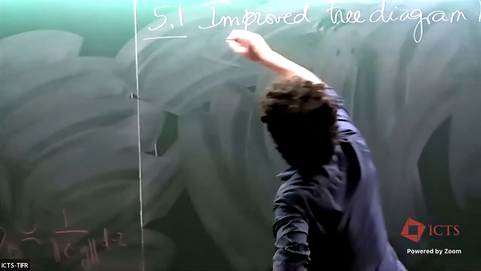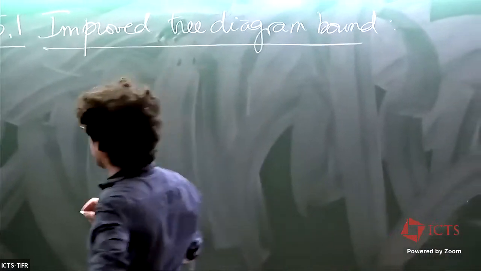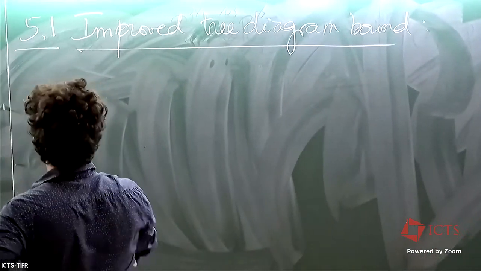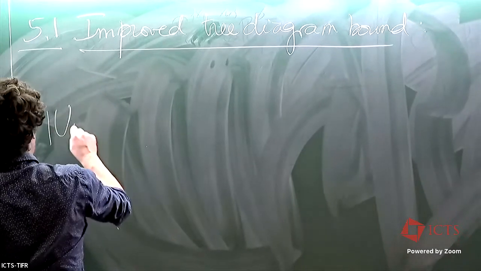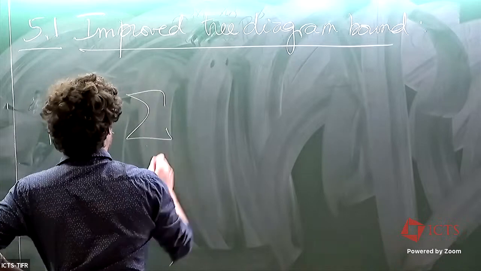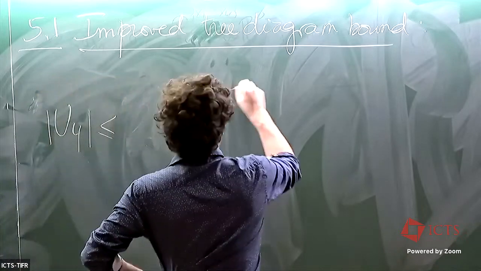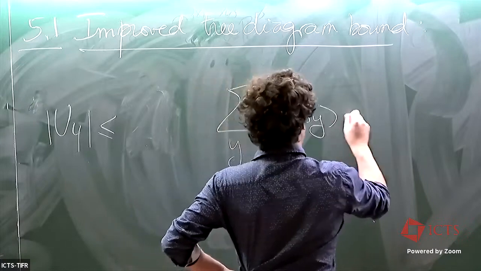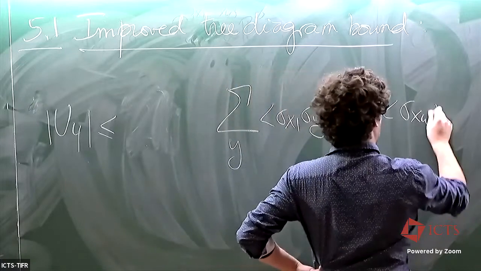So what is going to be the game tomorrow? The game is going to be to prove the following. For now, I'm just writing it. I want to bound U4 again. There is going to be again a sum over y of sigma x1, sigma y, sigma x4, sigma y.